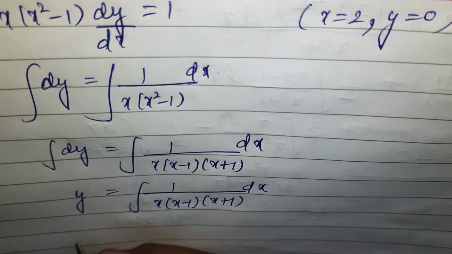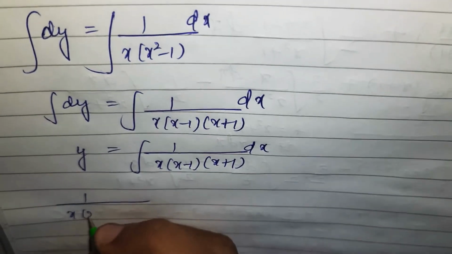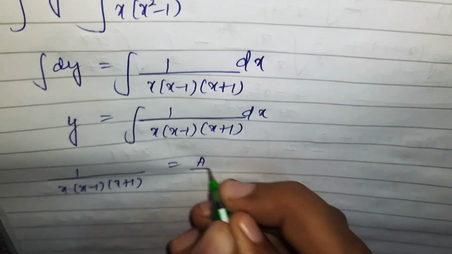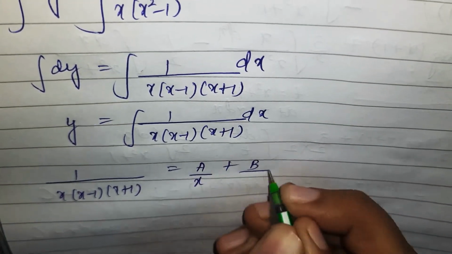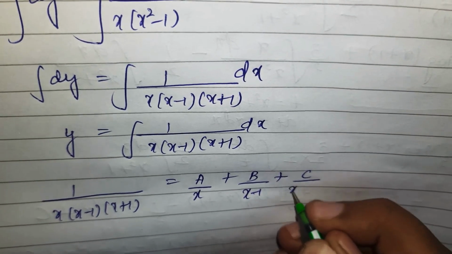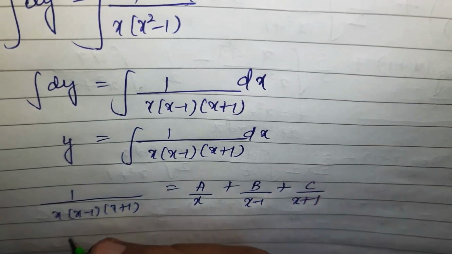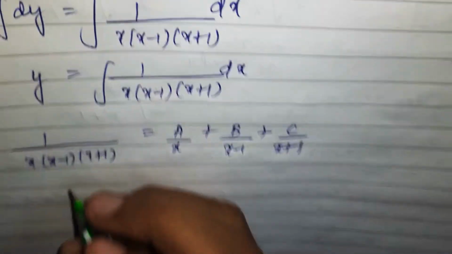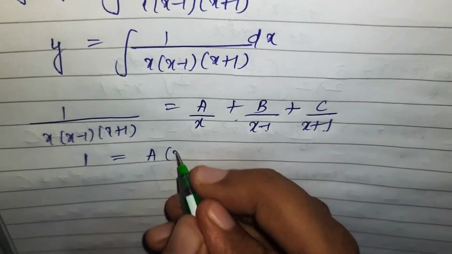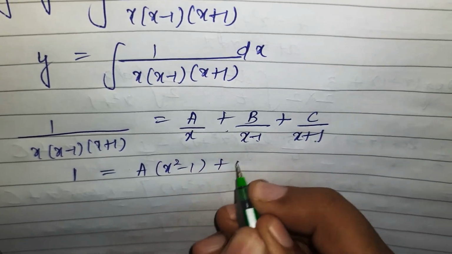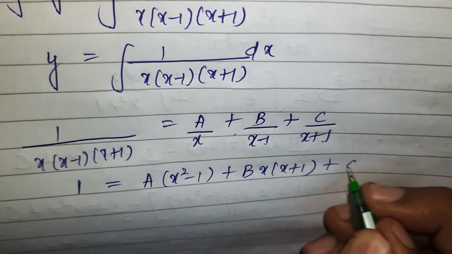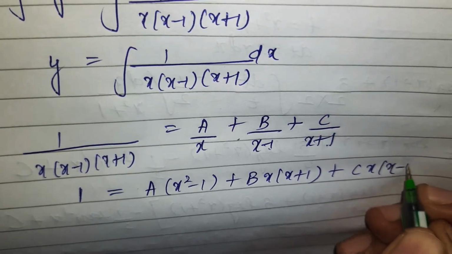Now 1 upon x minus 1, x plus 1 will be taken as a upon x, b upon x minus 1. So this type of question is very important because here we are using the partial fraction also. Denominator will cancel out. So I am getting this into this, x square minus 1, x plus 1 and plus c, x minus 1.